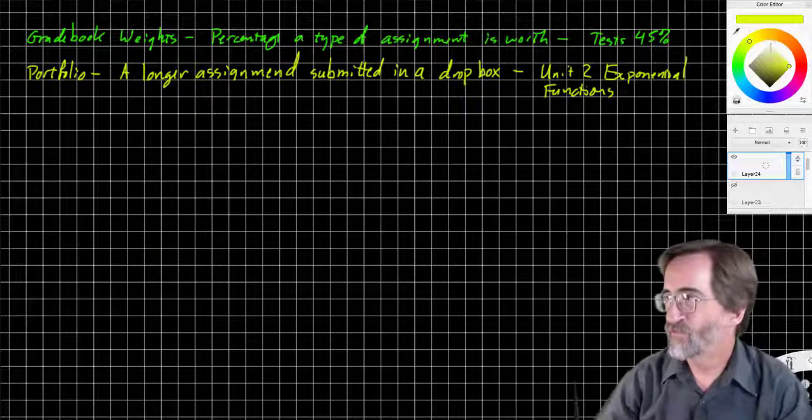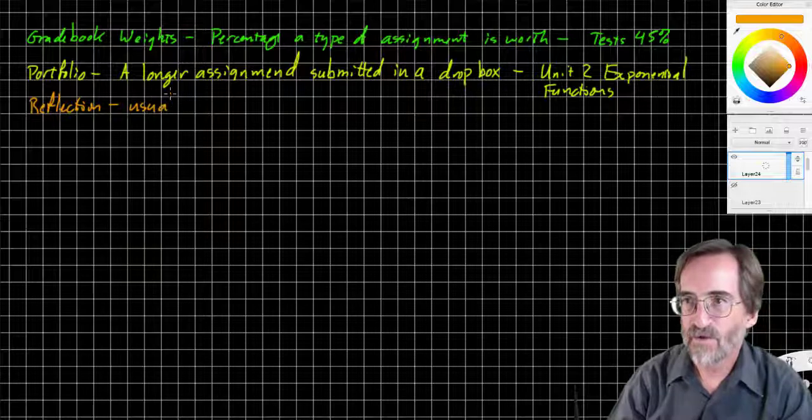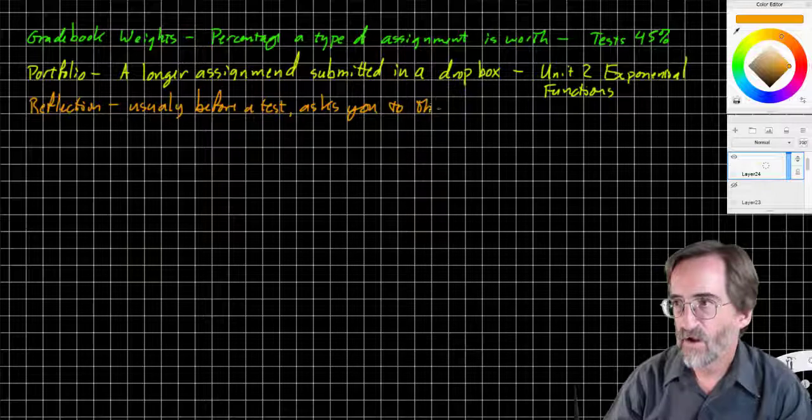Reflection. This is a type of assignment that you have. It's usually before a test, and it asks you to think about how prepared you are.